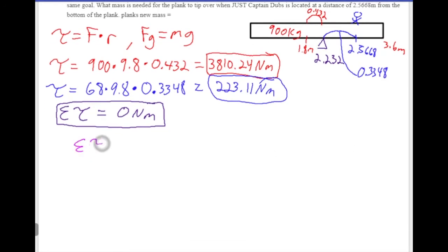We know that net torque is equal to, assuming that we want to tip him over, all these torques added together. So that would be 3,810.24. And since this is going in one direction and this is going in the other direction, I'm going to subtract the other one, 223.11. And then I'm going to add a second torque here.